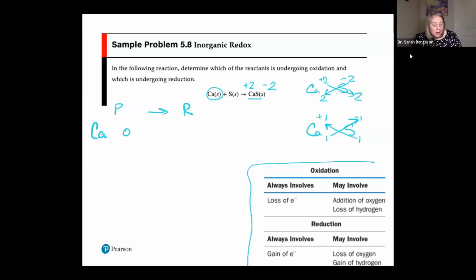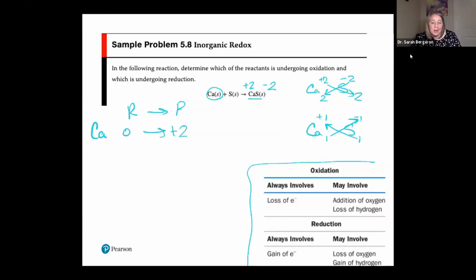So I'm going to go back to my reaction over here. This is reactants. This is products. For calcium in the reactants, I start off with a charge of 0. I look at my calcium in the products, and what do I see? I see that my calcium became a +2.